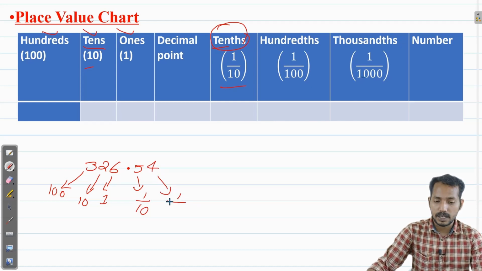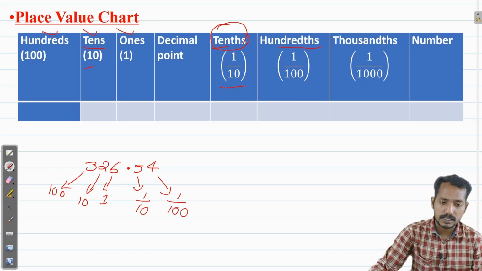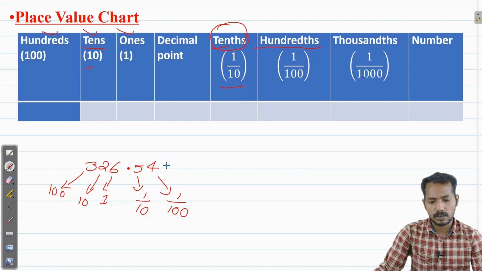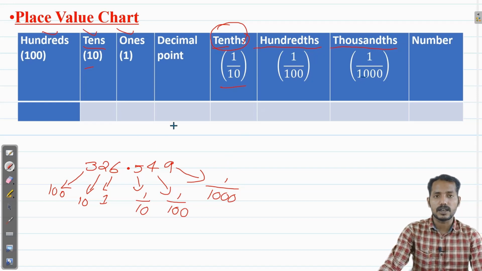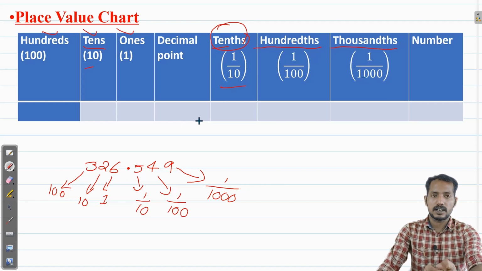This value will be 1 by 100, that means hundredths place. And let's write one more digit, that is 9. In the case of 9, the place value will be 1 by 1000, that is thousandths place. So this is the way we represent a decimal number, and this is regarding the place value of the decimal number.